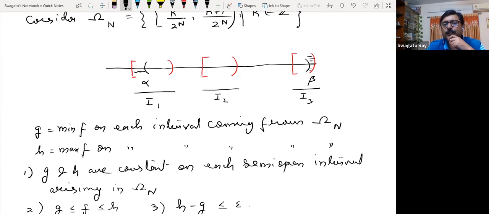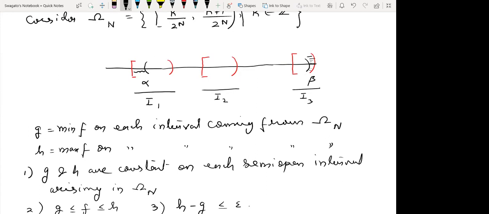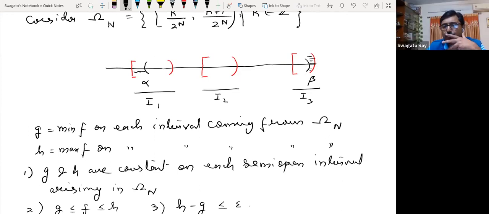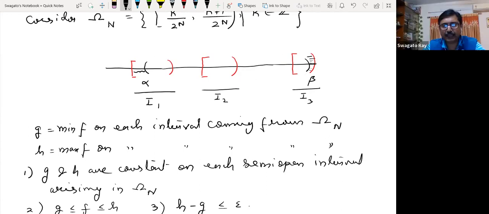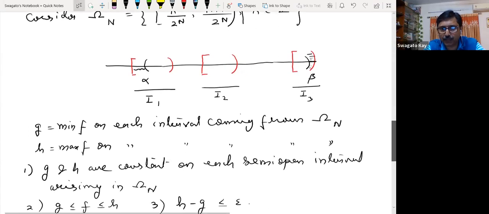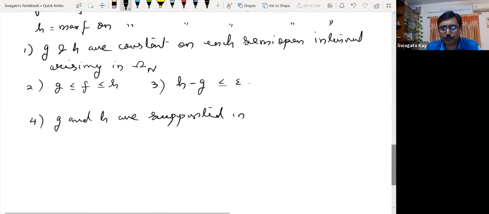I mean this portion on this line. What is the value of F here? 0. Because beta is before that. So what is the value of H there? That is 0. That means G and H both actually supported inside this open interval alpha beta, which I call W. So they are supported in W. Fantastic. I got a picture about G and H.